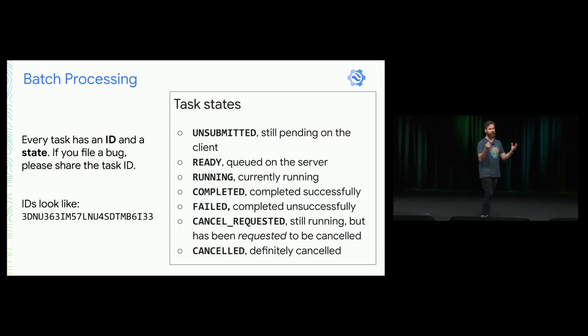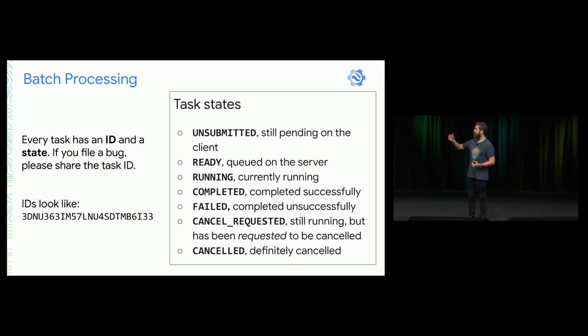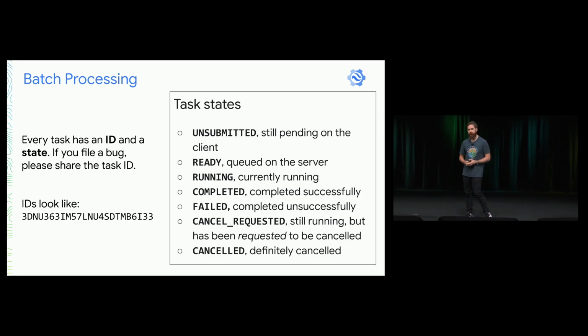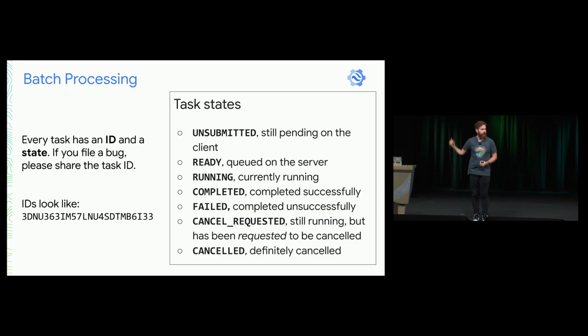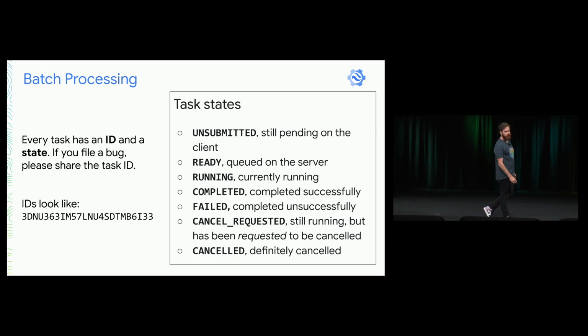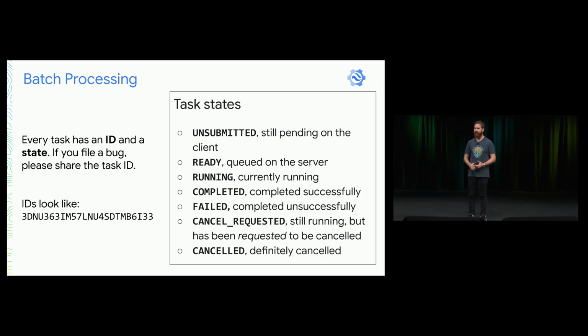So if I'm exporting a large forest data set, I might need tens of workers, hundreds of workers to distribute and work in parallel across multiple days of processing. Each task has an ID. Those strings of characters, please share those IDs if you have bugs or questions.